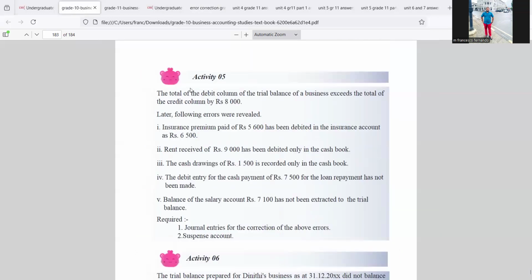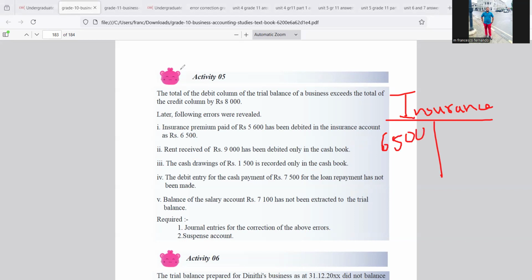For the first transaction, insurance premium paid 5,600, debited in the insurance account as 6,500. So normally you know insurance is an expense, so insurance balance should be debited. Here they have recorded it as 6,500, but the correct value should be 5,600.